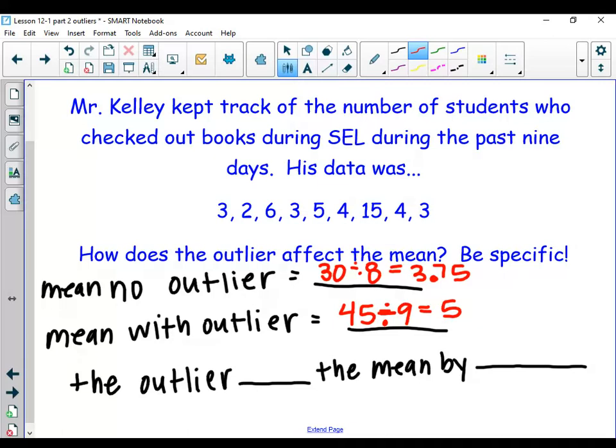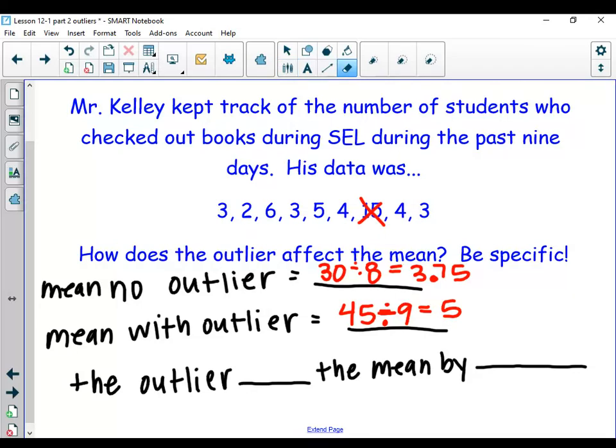So far I figured out, if you don't count this big day of 15, each book checkout would be 3.75 per day. Yep. Now wait, is Mr. Kelly ripping books and checking out 0.75 of a book? It's an average. Right.